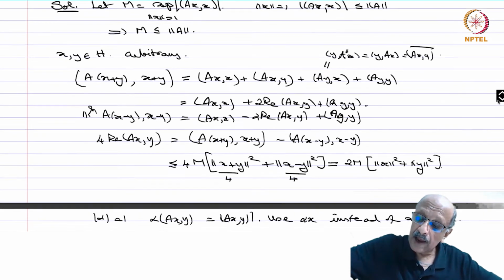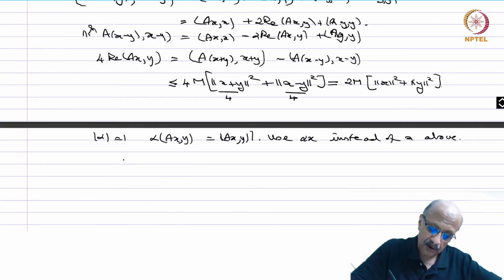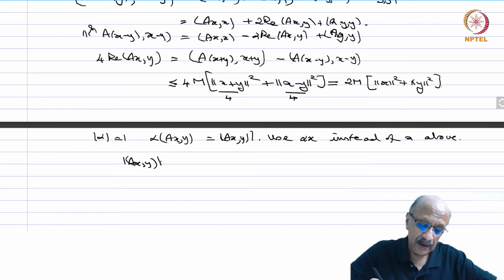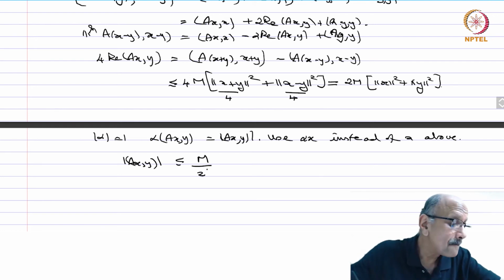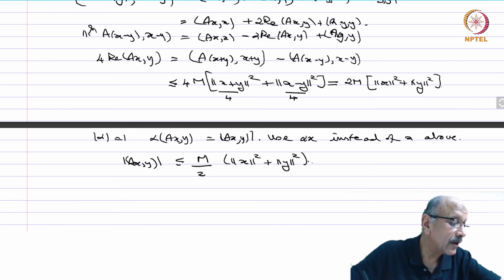So if you substitute alpha x instead of x, you get |A(x,y)| is less than or equal to, the 4 I am going to divide, so I get M by 2 times norm x squared plus norm y squared.